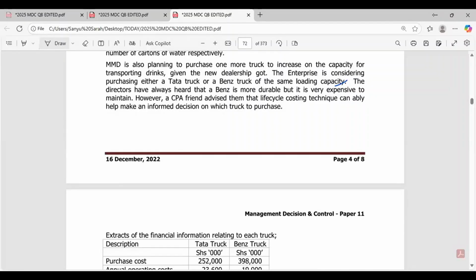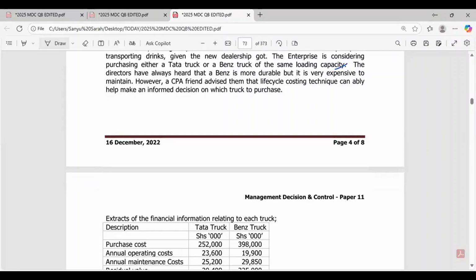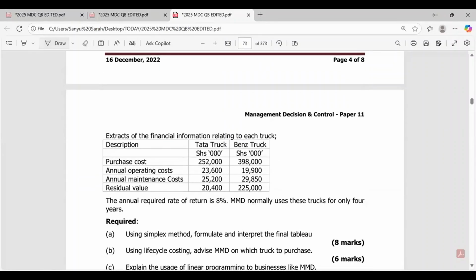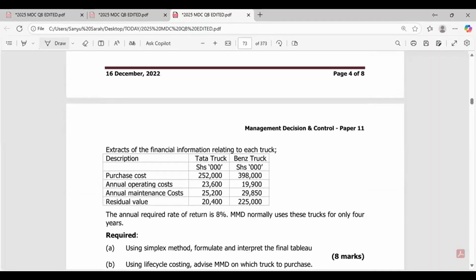So their worry is about the maintenance. But when we use life cycle costing, it tells us these are the costs you are going to incur throughout the product life cycle. So I can ably know whether the costs are going to be higher or lower. Remember, we have 2 trucks to choose from, Tata truck and Benz truck.